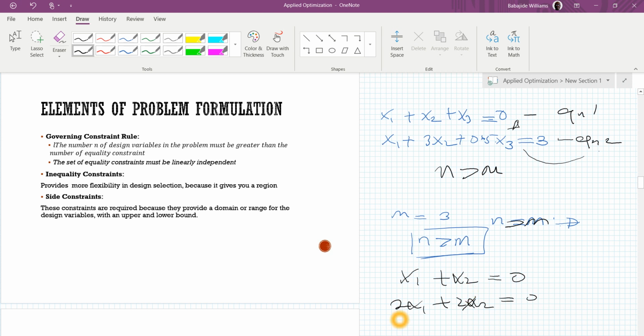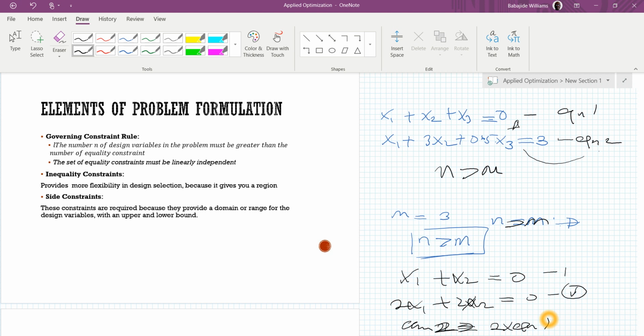So if this is 1 and this is 2, equation 2 is 2 times equation 1. That is not linearly independent because you can scale equation 2 to get equation 1. Okay, that's important.